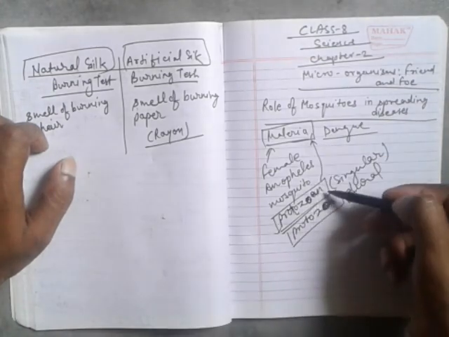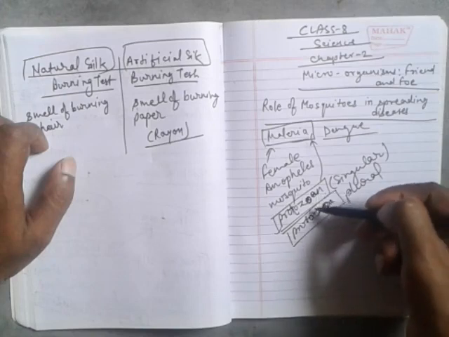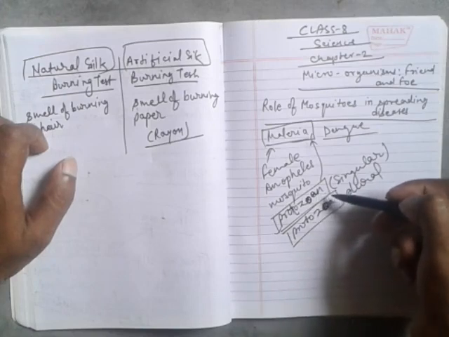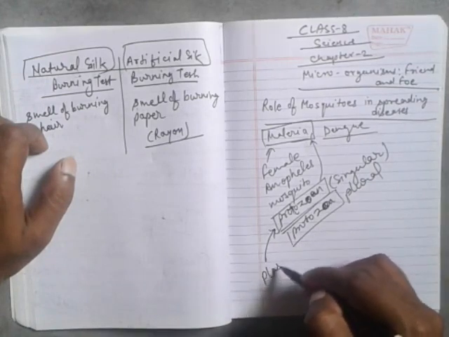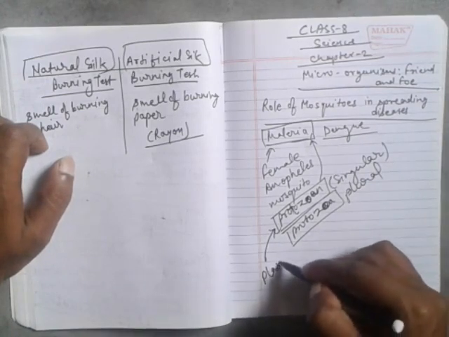The malaria disease is caused by the growth of a protozoan, and the name of the protozoan is Plasmodium.